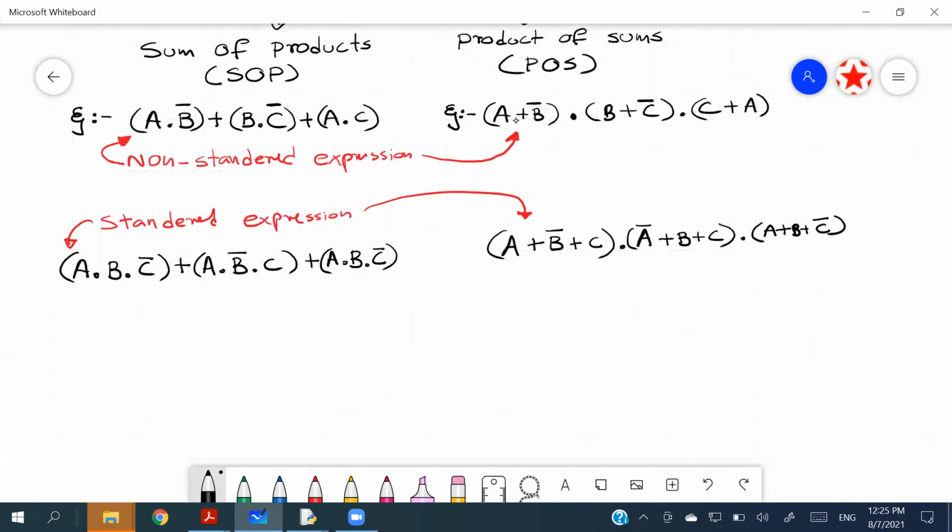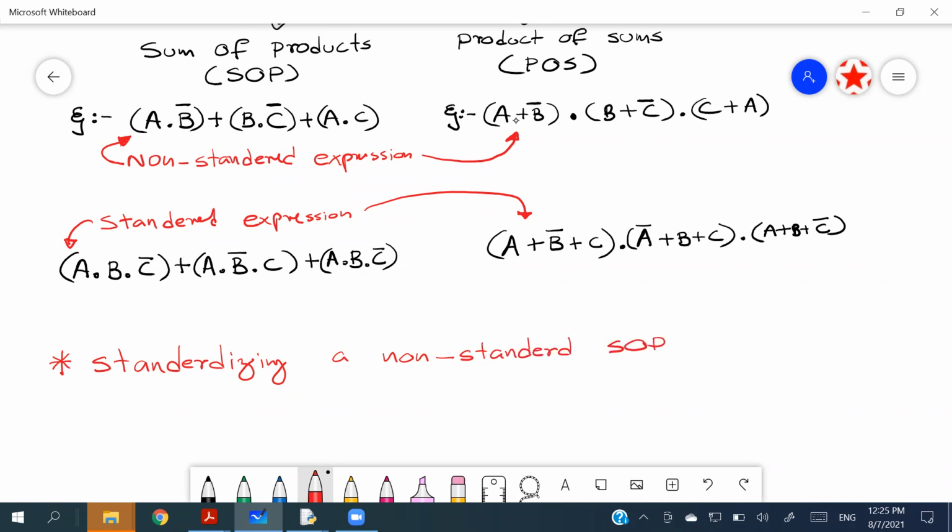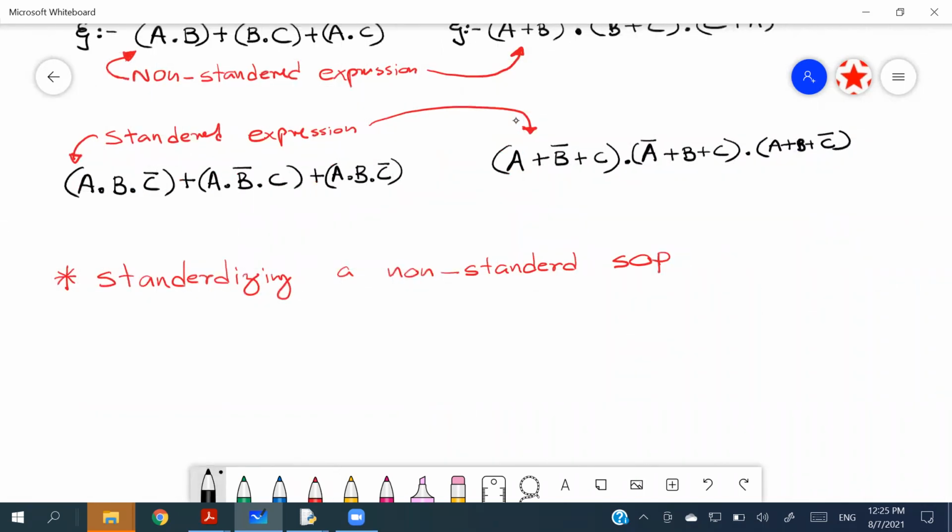So I'll take standardizing a non-standard SOP. I'll take a simple example over here.